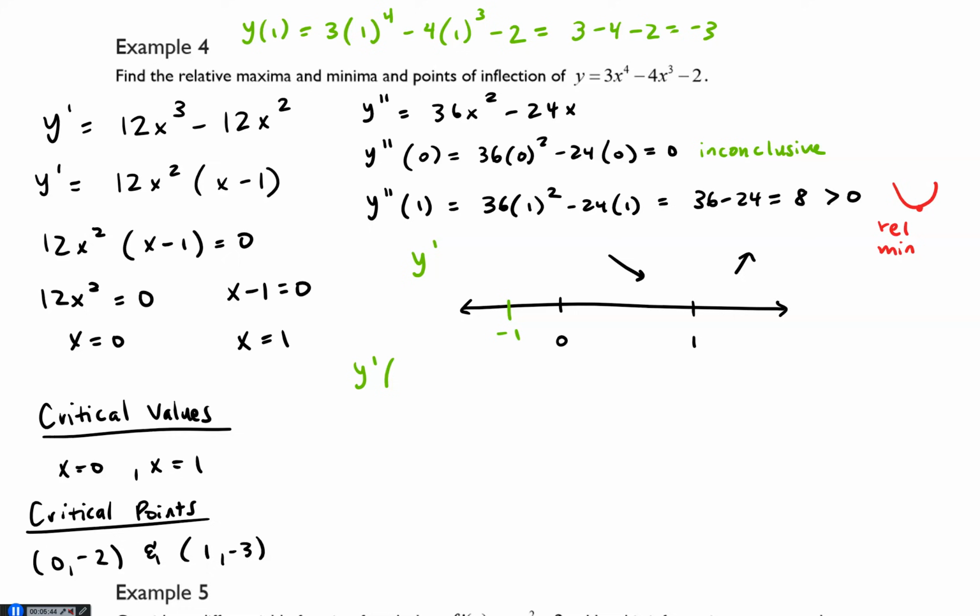So y prime of -1 equals 12 times -1 cubed minus 12 times -1 squared, and that's going to give us -12 minus 12, which equals -24.